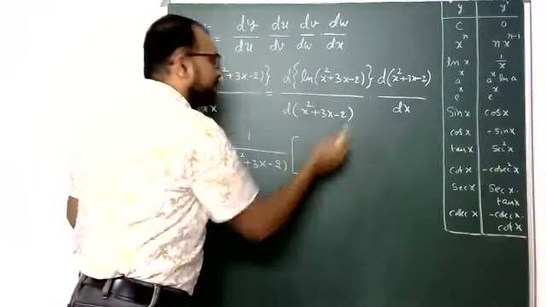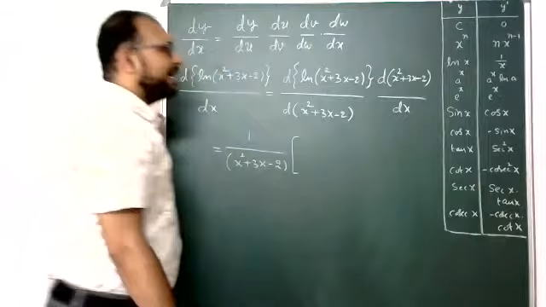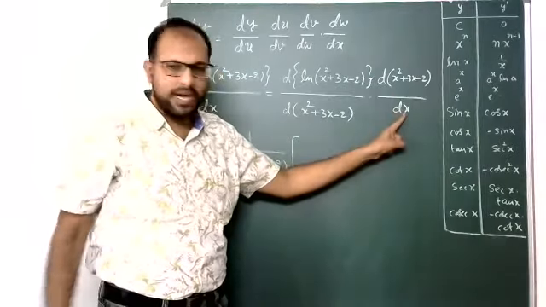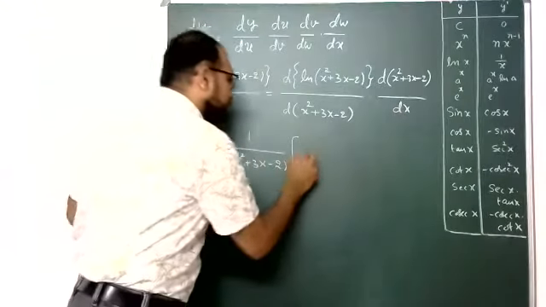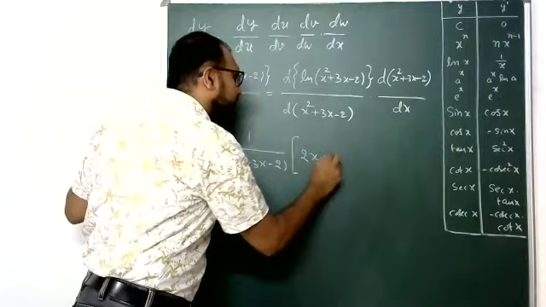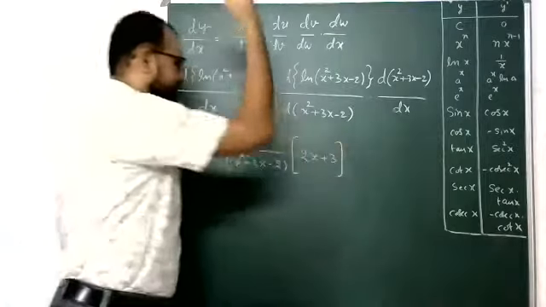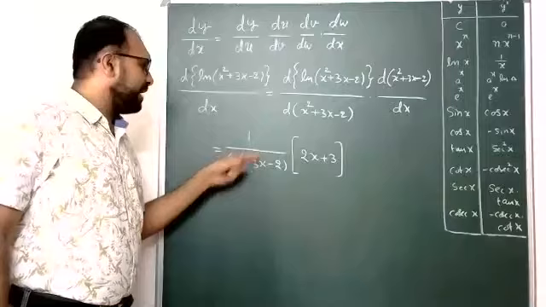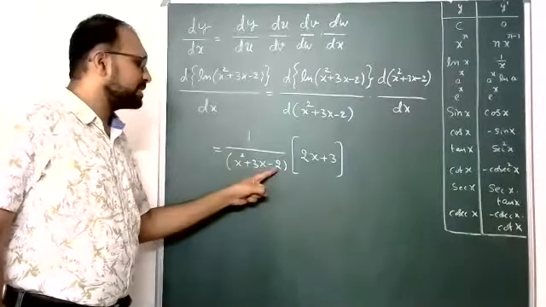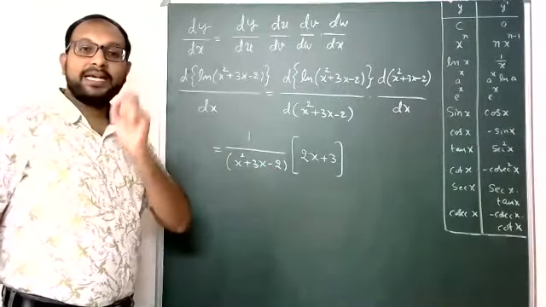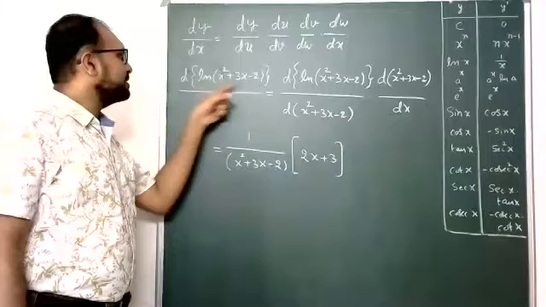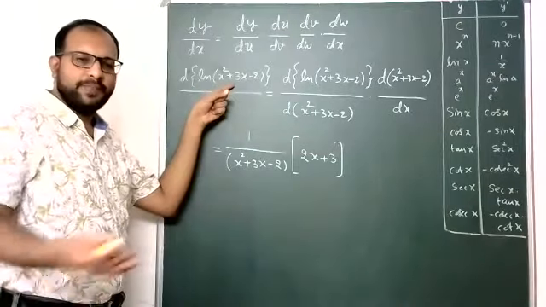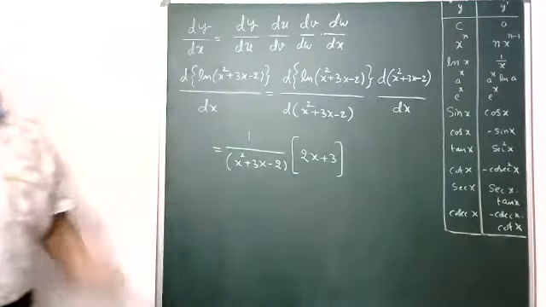What is the second term? The derivative of x square plus 3x minus 2 with respect to only x. So this is 2x plus 3. So the final answer is (2x plus 3) divided by (x square plus 3x minus 2), the final complete answer for this example. Okay, students, please take this second answer.